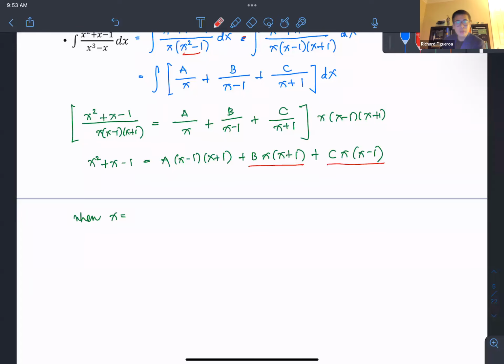We have to take a look at the common factor. What is common to B and C? In this case, what is common is x. They both have x. So what should be the value of x to make B and C 0?